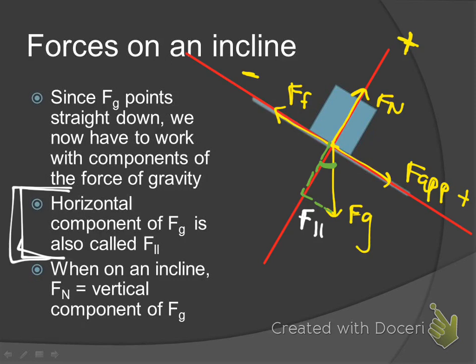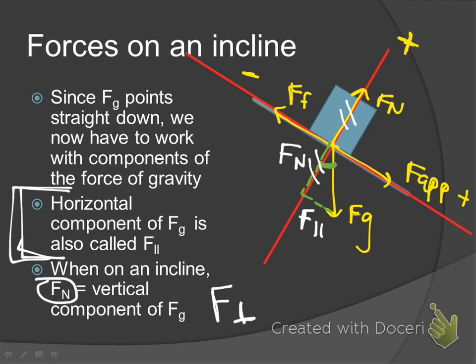The vertical component of our gravitational force is called the normal force, okay, or sometimes it's called force perpendicular, and the reason it's called that is because it is perpendicular to the surface. And just like the normal force, it's found perpendicular to the surface, so we can call it the normal force because these two forces, assuming there's no other vertical forces acting, would be equal to each other.